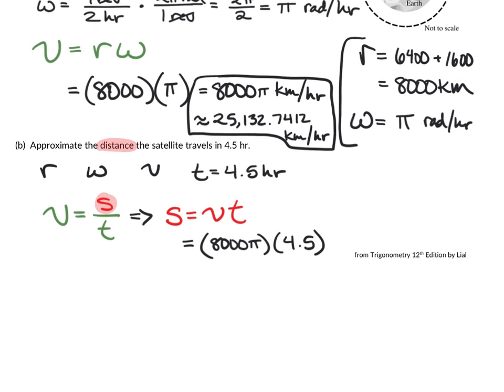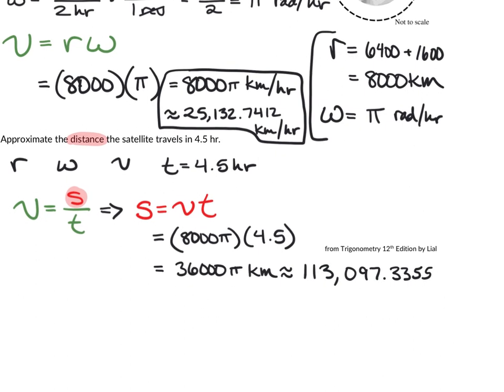So we would calculate at this point 8,000 times 4.5 is 36,000 pi kilometers, which is approximately 113,970.3397. I said that number wrong still. 55 kilometers. Yowza.